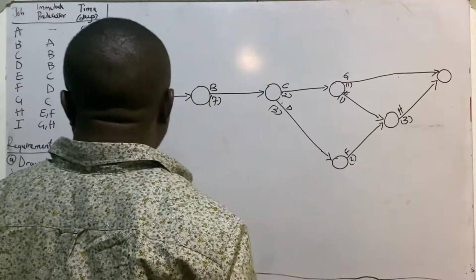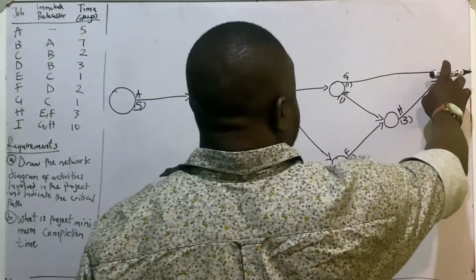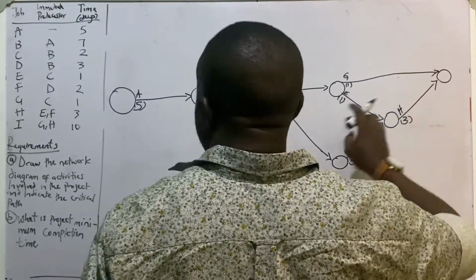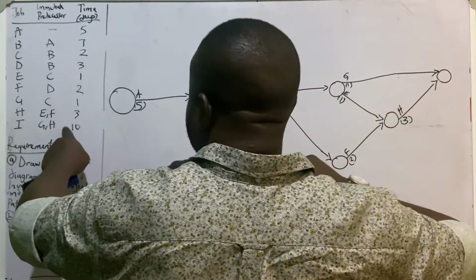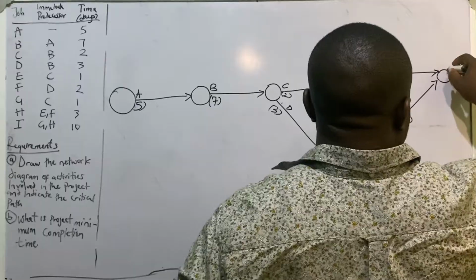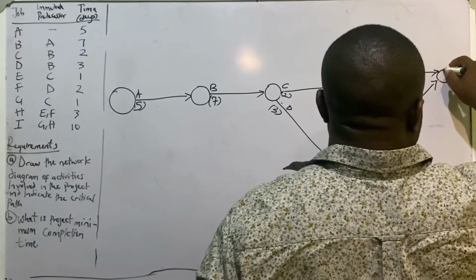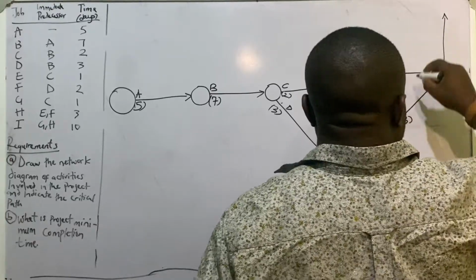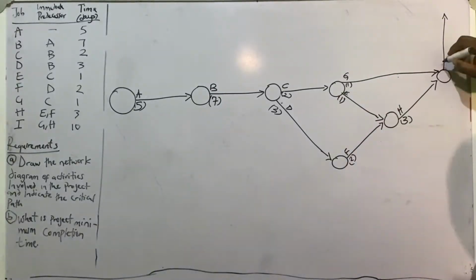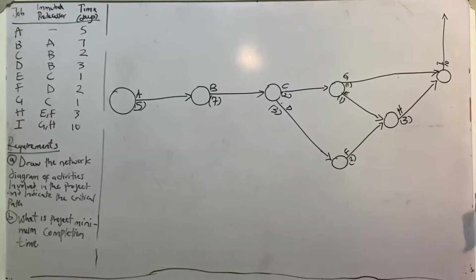This is activity G. This is the end of activity G and H that will now precede the activity I. So this is now activity I. This is activity I. And the completion time is 10.